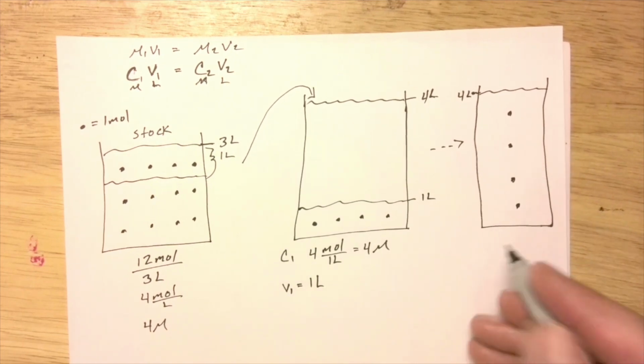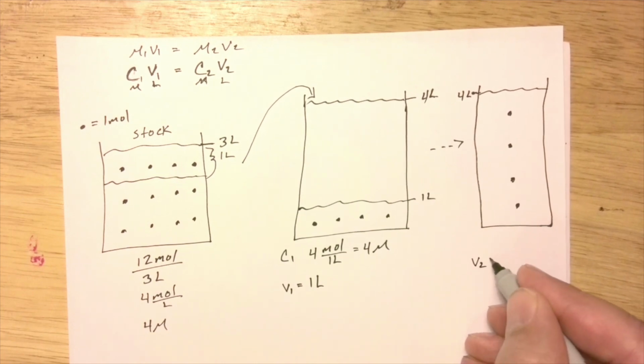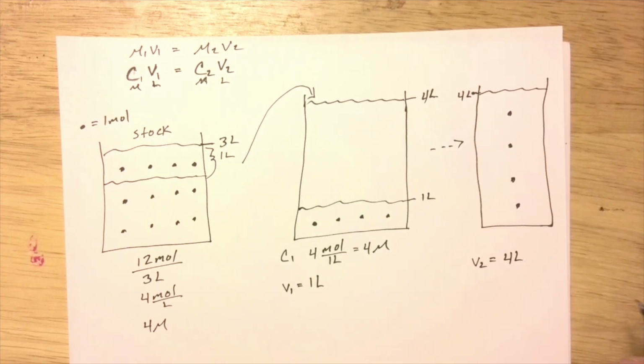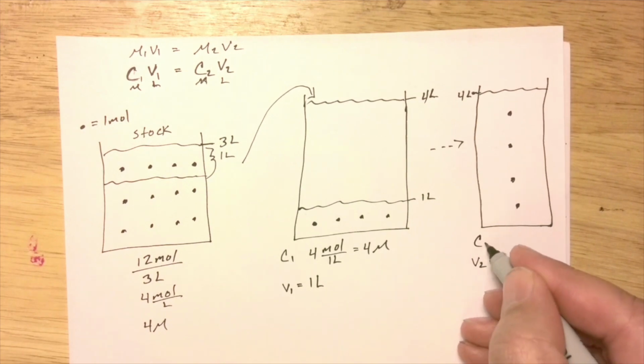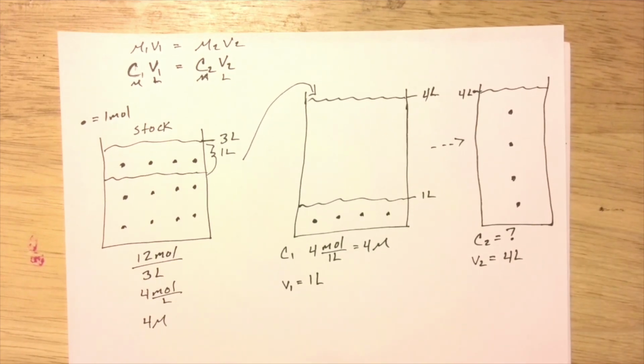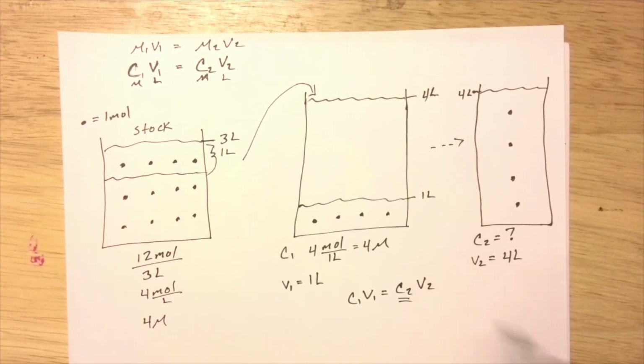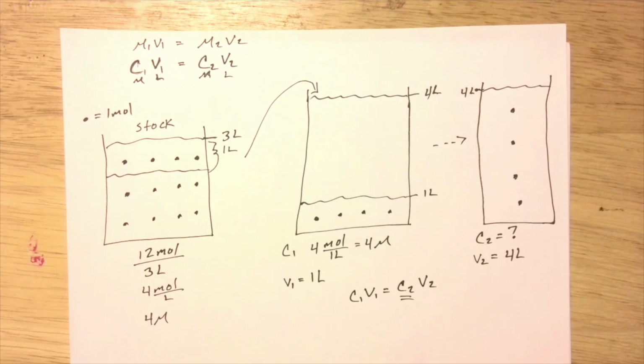So now my V2 is now 4 liters. The question is, what is my C2? What is my new concentration? So this is where C1 V1 is equal to C2 V2. I don't know what my new concentration is. So since these two are being multiplied to each other, I need to divide out the V2.